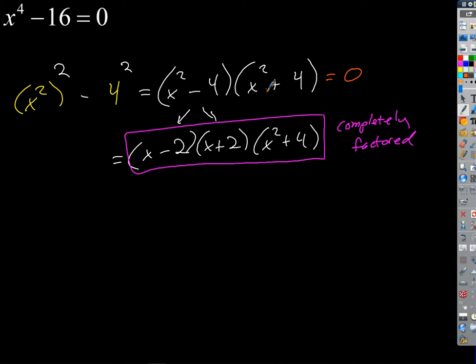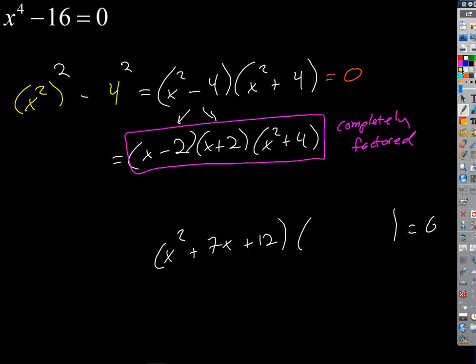What if this first factor, instead of being x squared minus 4, were something like x squared plus 7x plus 12 times some other factor? I'm going to apply the 0 product property and set that equal to 0 and solve. How would you solve that one? Well, you'd factor it, wouldn't you? Because you can find magic numbers. But in this case, do we really need to factor? No, these are pretty easy equations to solve if we just apply the 0 product property.